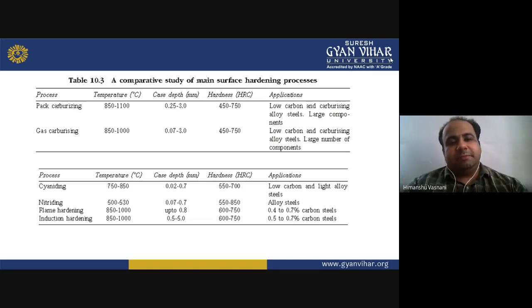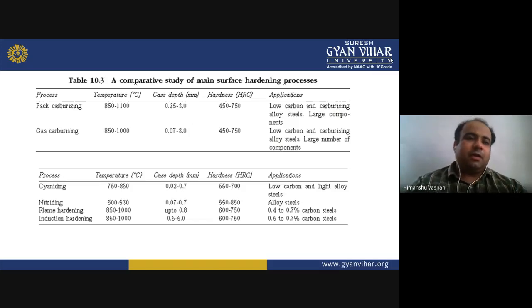The temperature is around 850 to 1000 degrees centigrade and the case depth is 0.5 to 5.0 mm, increased from all the above cases. The hardness is 600 to 750 HRC, and here also it is used in carbon steels having 0.5 to 0.7% carbon.